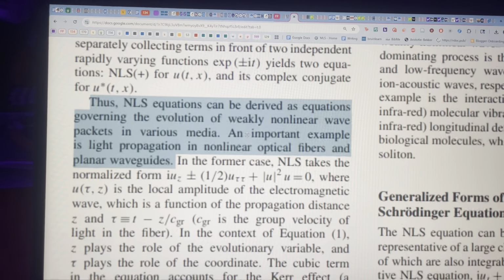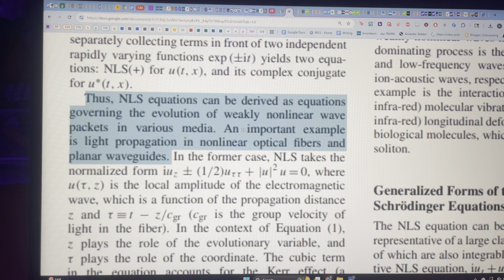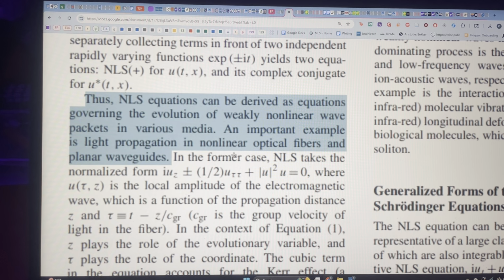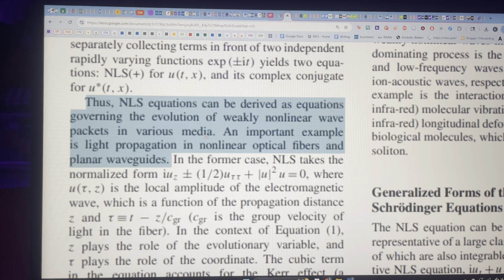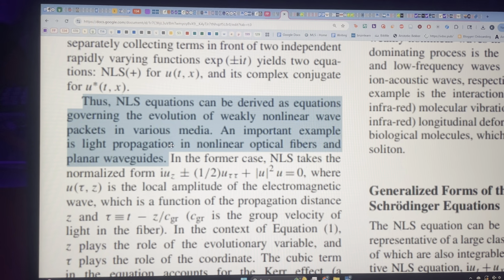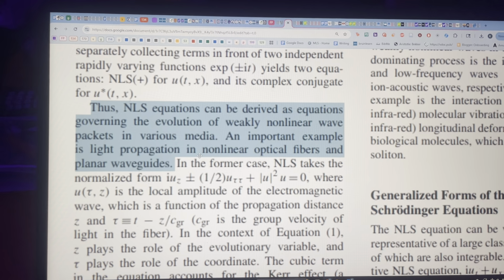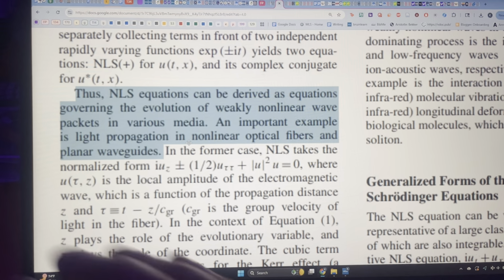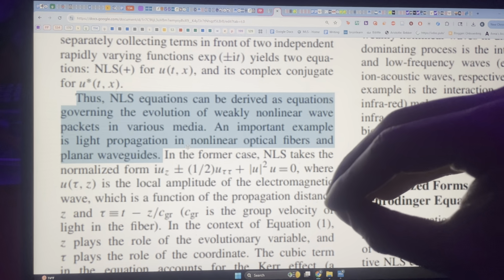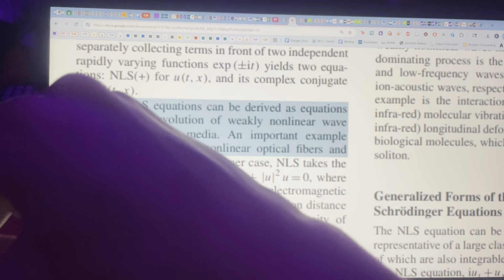which from my understanding focuses waves, and the dissipative effects try to spread the wave packet apart. So if you imagine that this is a medium, a traveling wave would be something like this, the wave envelope moving.